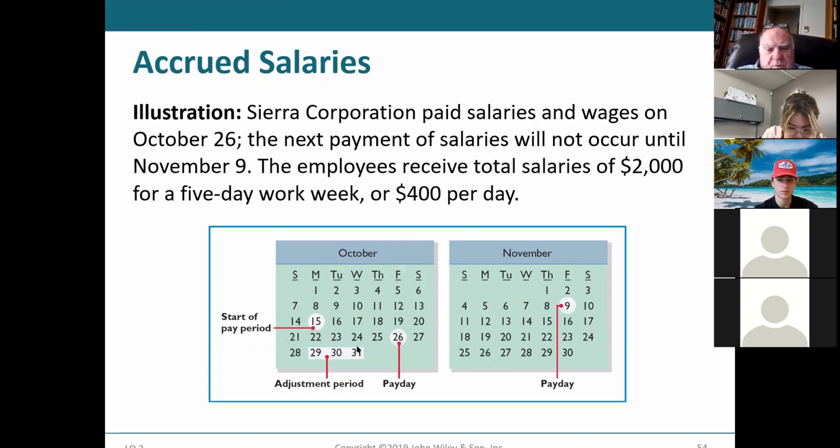These people worked from the 26th through the 31st of October. That is where the expense should go. These people get paid every 2 weeks, it looks like.